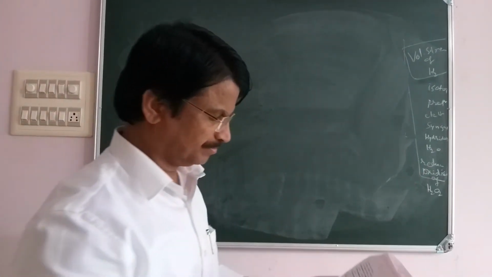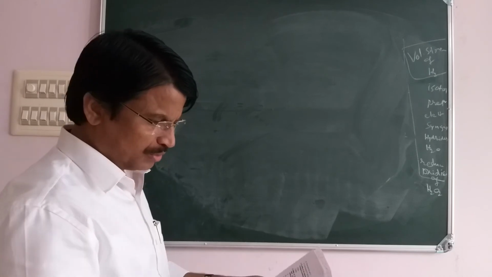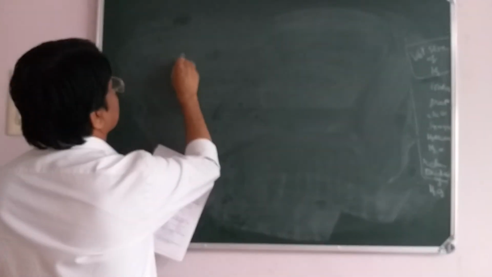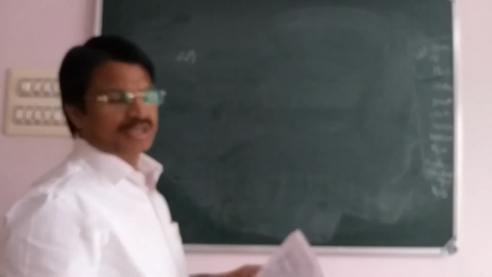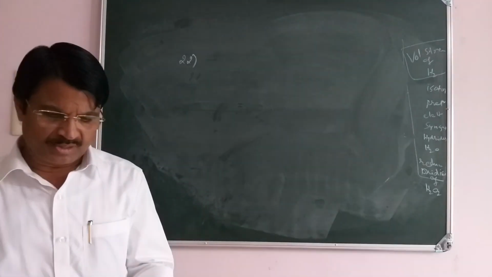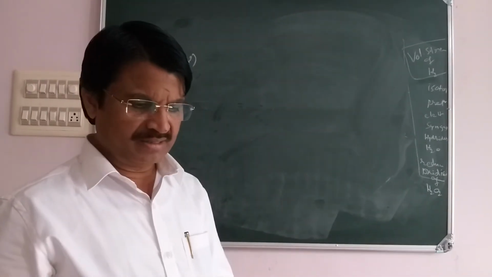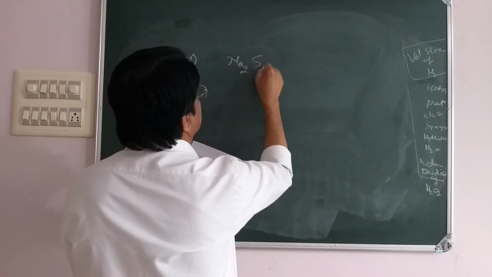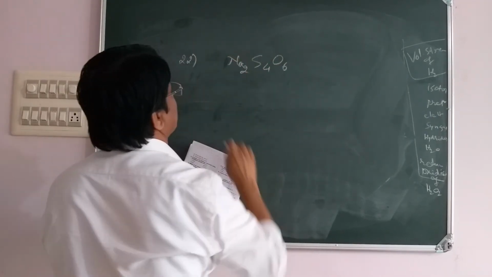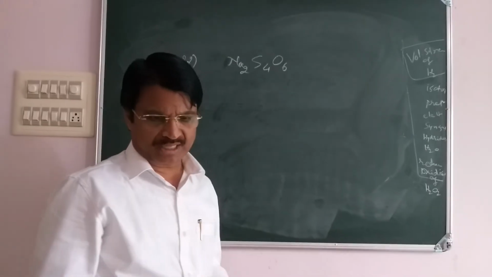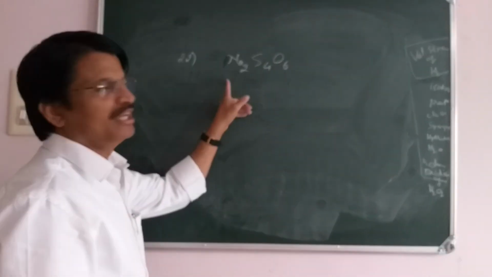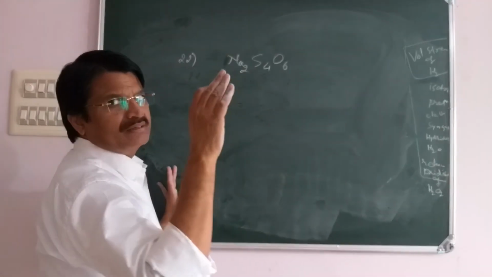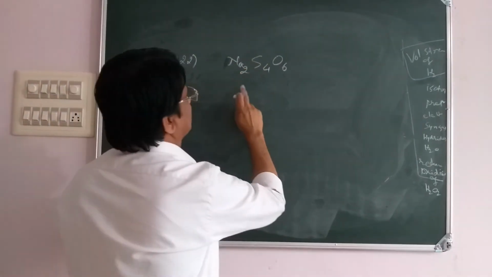Next, one more question I told you, question number 22. Oxidation number of S in Na2S4O6. This is called sodium tetrathionate. Now, when you calculate the oxidation number of S, see what happens.